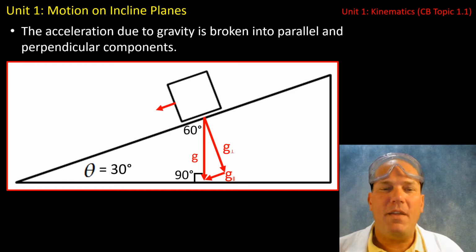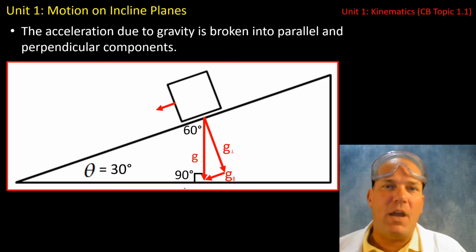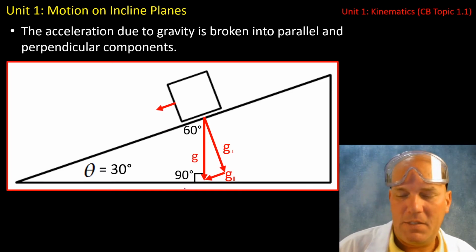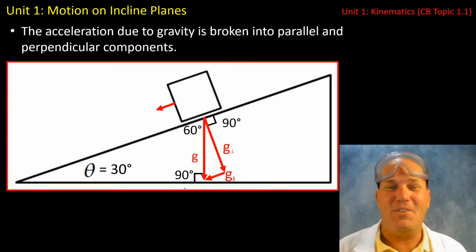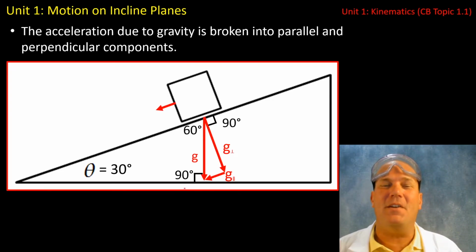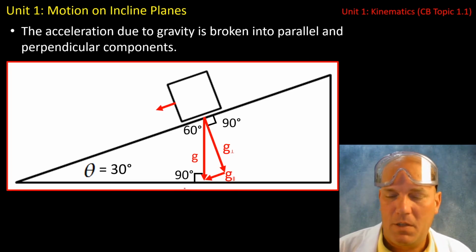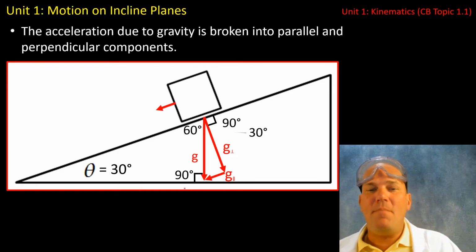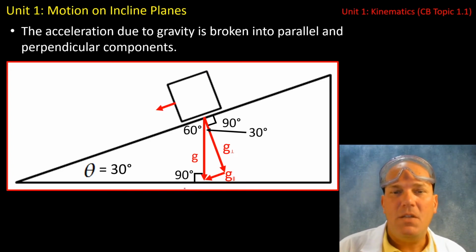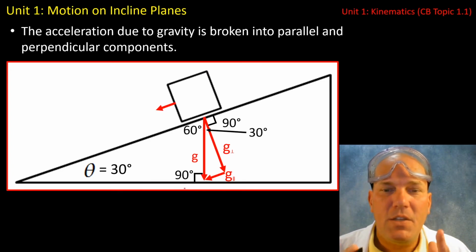We have a 30, 60, 90 right-angled triangle in this smaller triangle within the large. Just follow me here. On the other side, we have a 90-degree angle, and that means this angle is 30 degrees.